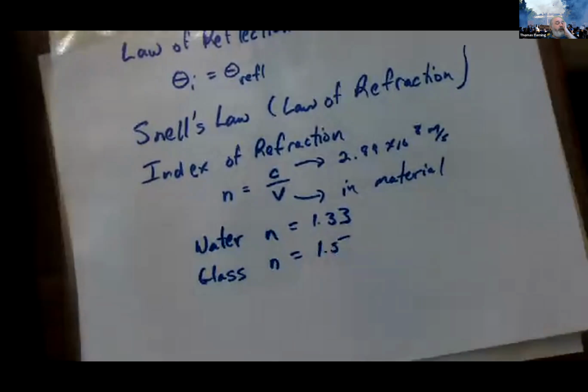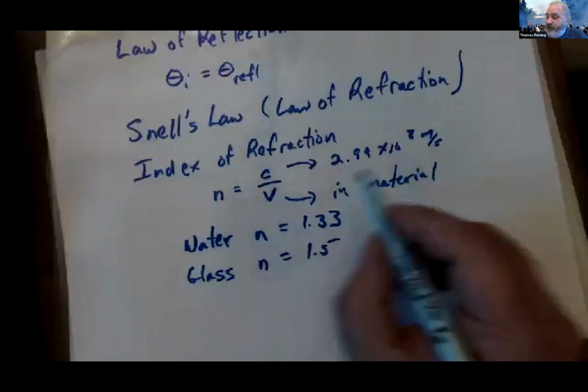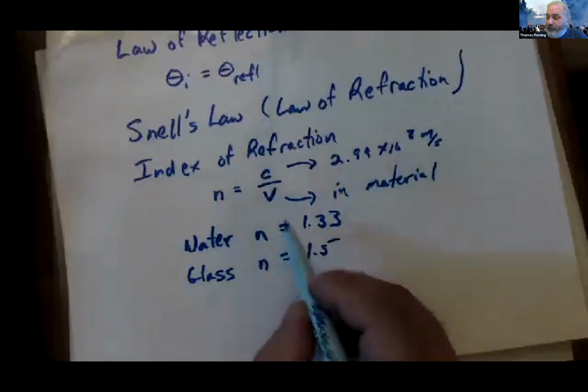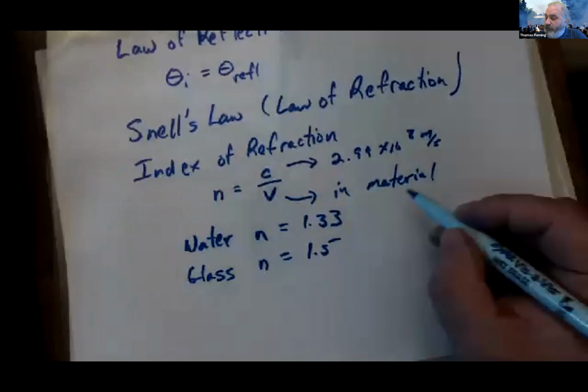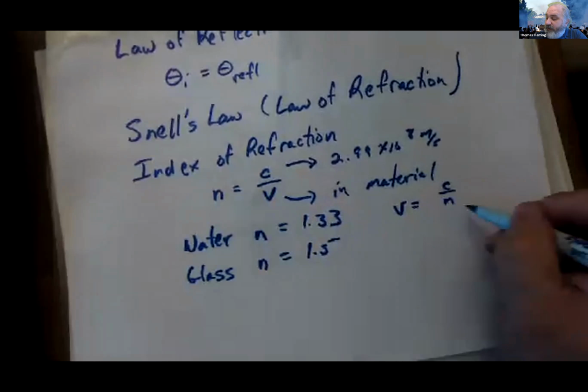Notice if you know the index of refraction, if you know what n is, you can figure out the speed of light in that material. So, just for grins, if I'm looking at water and I want to know what the speed of light is, well, since n equals c over v, that means that v equals c over n.